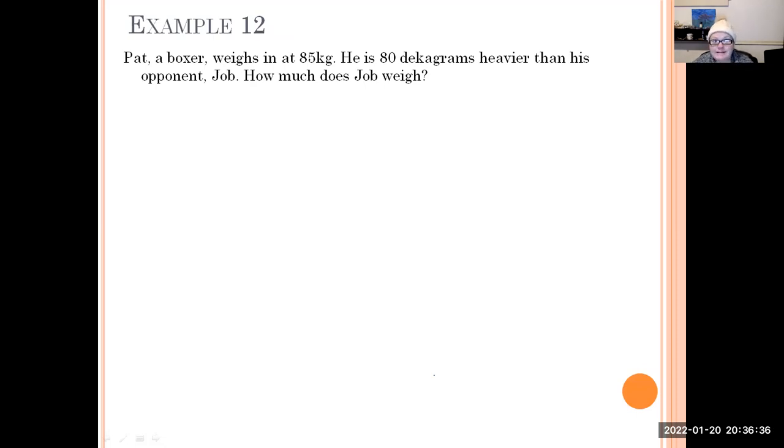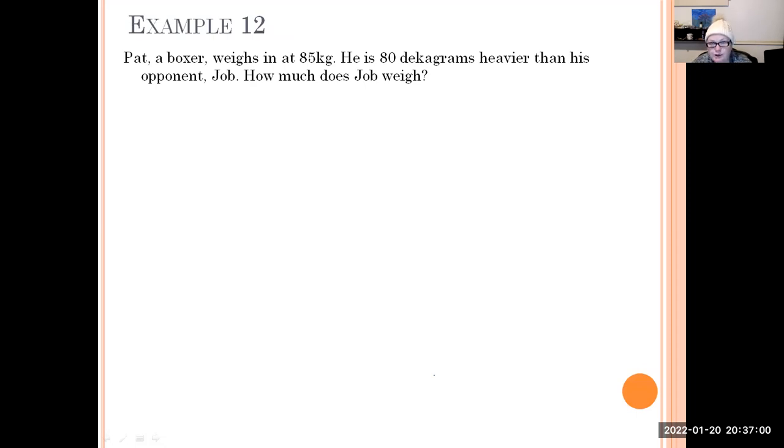And because weight is given in 85 kilograms, and they're asking for Job's weight, you're gonna wanna represent it in kilograms. So the goal here is to have everything in kilograms so that we can subtract, okay? If that's the case, the only thing we need to convert is decagrams.